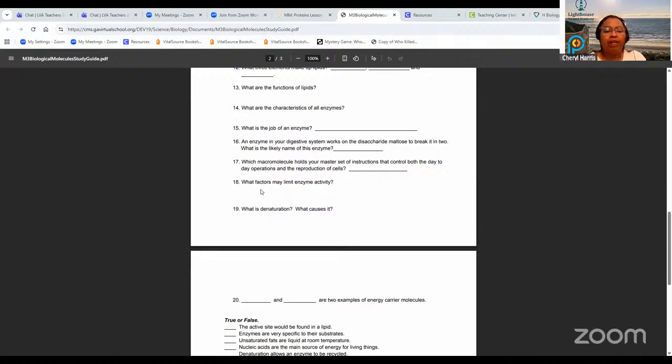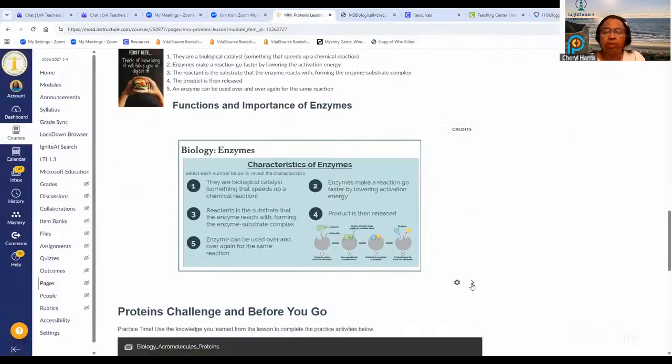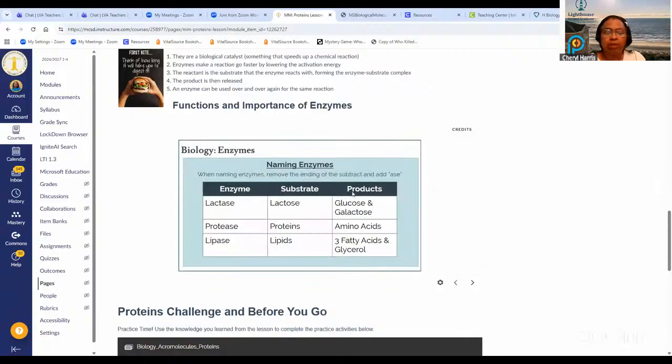All right, factors that limit enzyme activity. I kind of answered these earlier. You have to have the right temperature. Enzymes don't work if the temperature is not right. Here's your enzymes over here: lactase, protease.